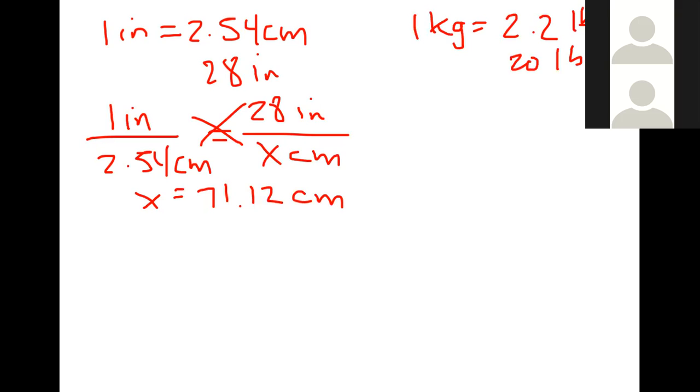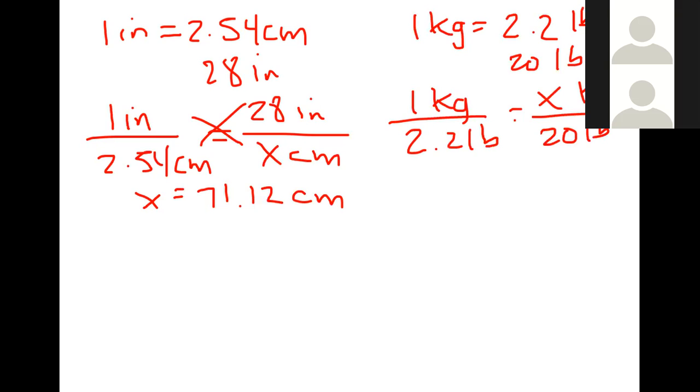So let's set up our ratios and proportions. So 1 kilogram over 2.2 pounds is equal to x kilograms over 20 pounds. So cross multiply. X is equal to 20 divided by 2.2.